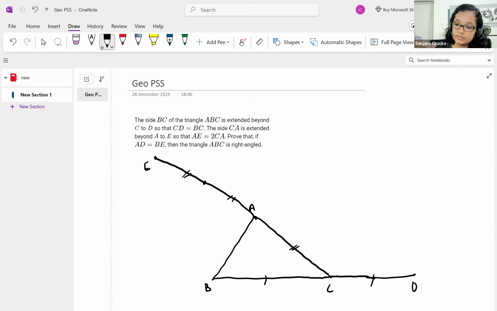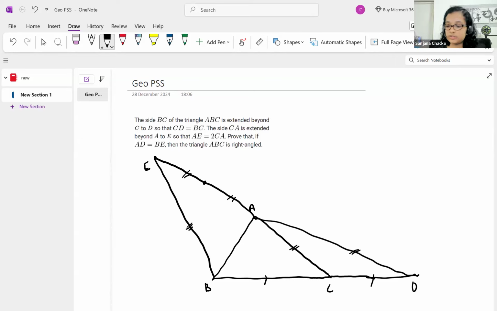You're given that AD is equal to BE, and you're supposed to prove that ABC is right angled. Right now you're not given which vertex it's supposed to be right angled at, so that's something you'll have to figure out. You can try this, and if you have seen this before, you can try the extra problems.